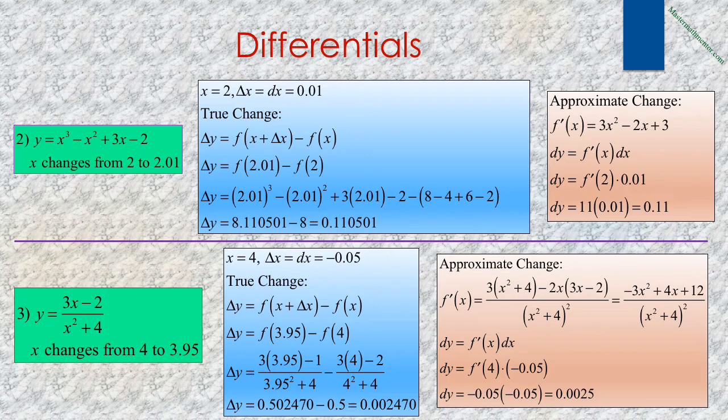We know that dy is equal to f prime of x dx, and therefore the differential dy is f prime of 4 times negative 0.05. f prime of 4 is negative 0.05, times negative 0.05, which is 0.0025. Again, a very good approximation for delta y.